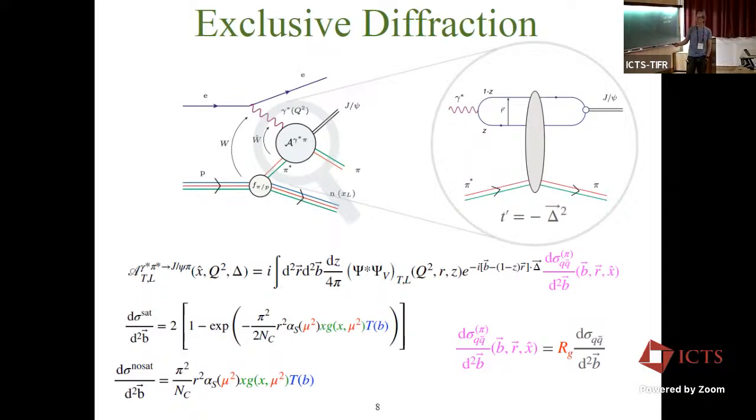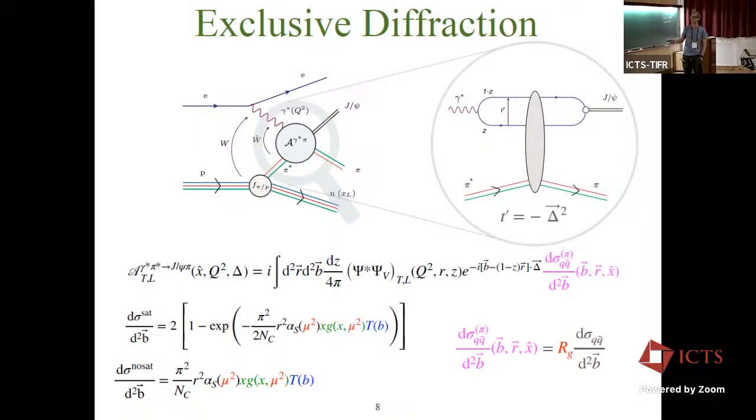Let's focus first on the gluon density. The way we have tried to do it is to say that at small x, pions and protons are the same. It's just gluons at small x, and the only difference is that we have fewer gluons in the pions.